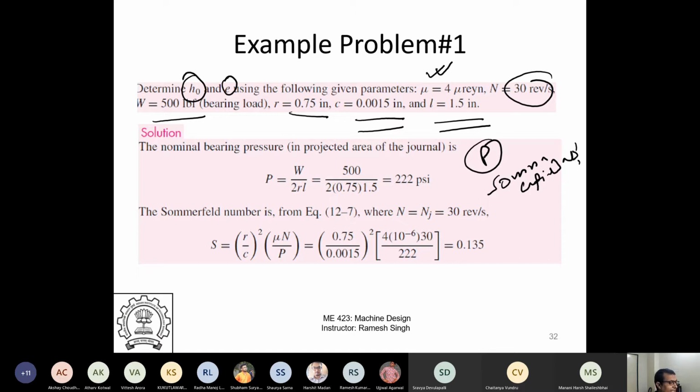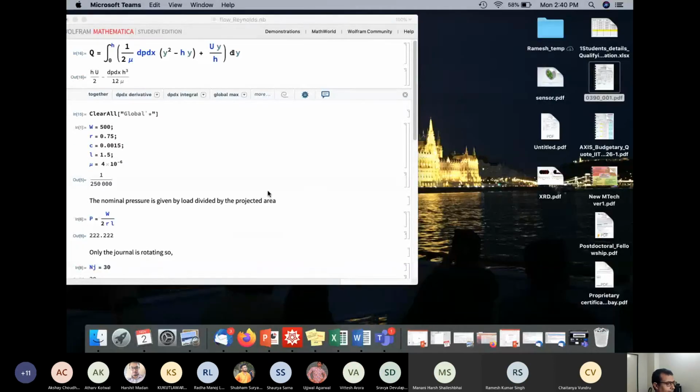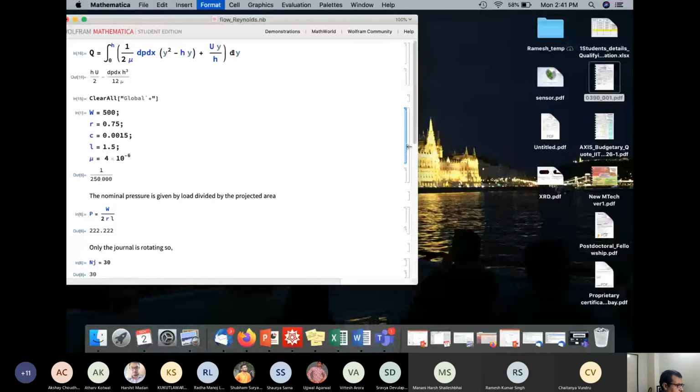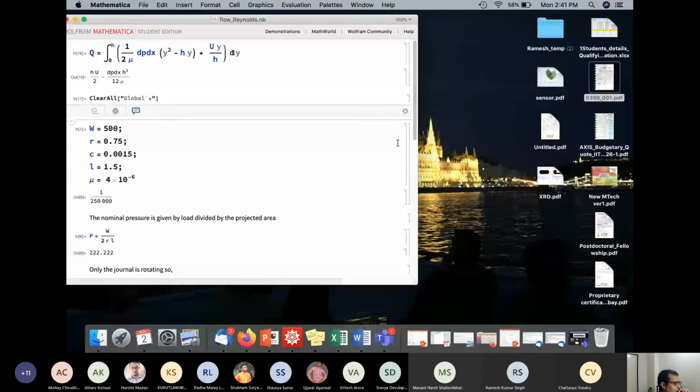What I will do is share my Mathematica. So this is what we know, the problem set. Let me clear all the variables, otherwise it creates problems. My load is 500 pounds.